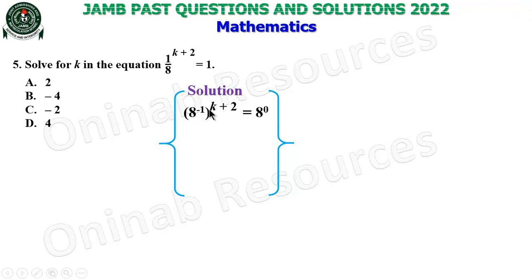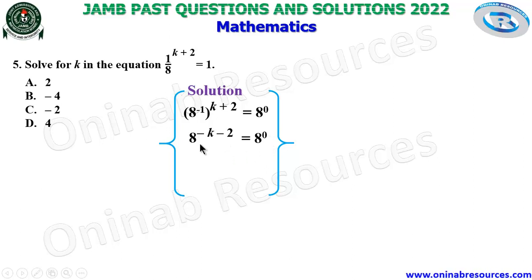Then we expand the bracket up here, applying the law of indices. This negative 1 is going to be used to multiply everything outside the bracket. So we have 8 raised to the power negative k minus 2, since negative 1 times k gives negative k, negative 1 times positive 2 gives negative 2, is equal to 8 to the power 0.